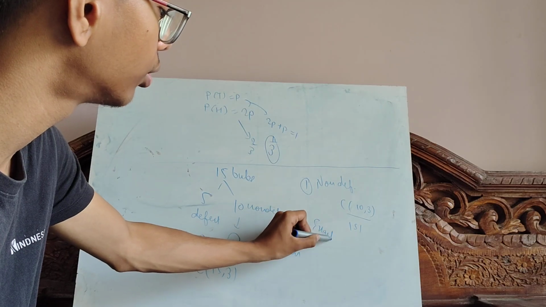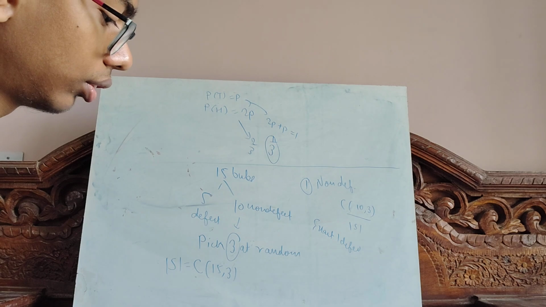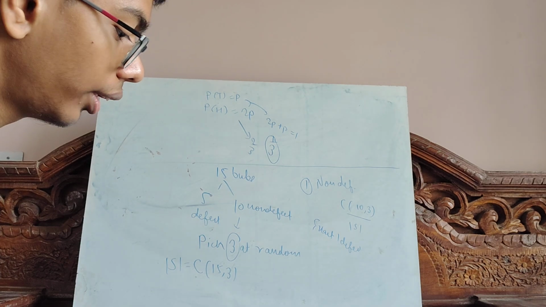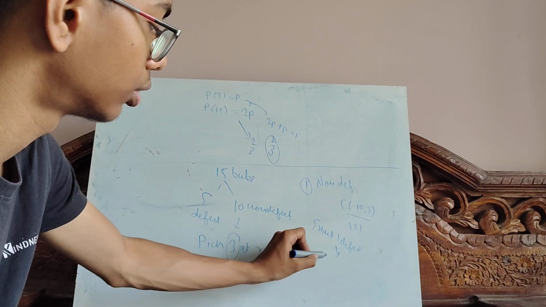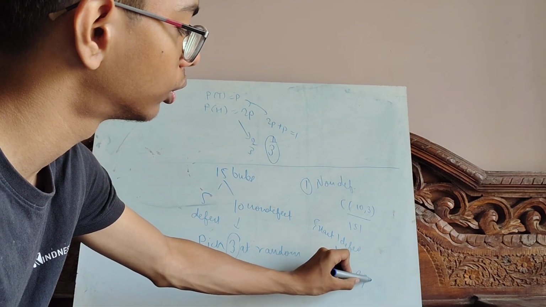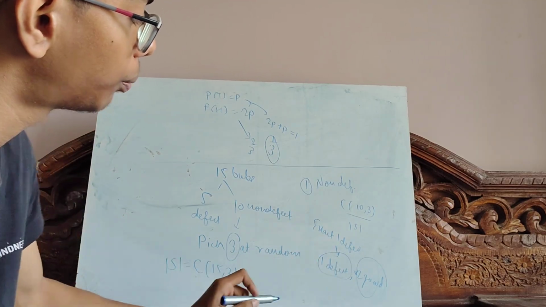Exact one defective. For exact one defective, what I will do, exact one defective means 1 defective and 2 good, right? And these both are happening at the same time, so I will multiply.